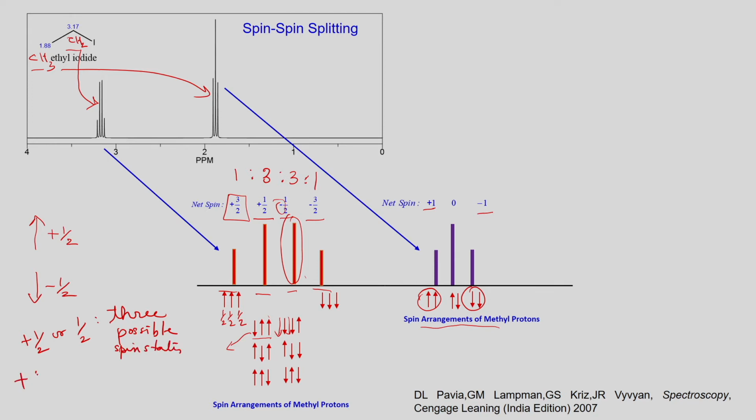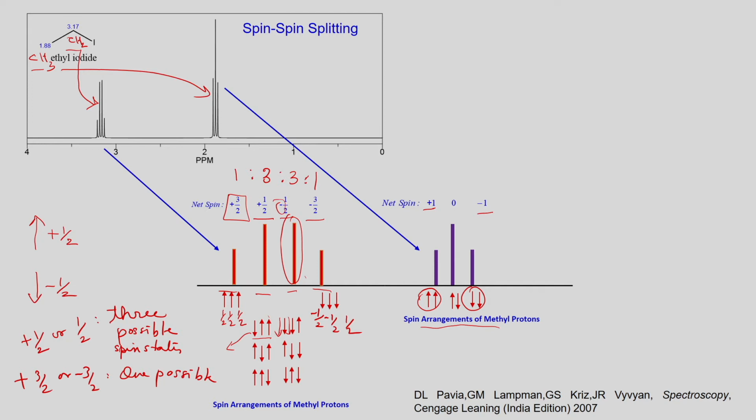For the plus 3 by 2 or minus 3 by 2 spin state, there is only one possible way, because you cannot make another spin state with the combination of 3 half or 3 minus half. Now the issue is what plus 3 by 2 and plus half are doing.